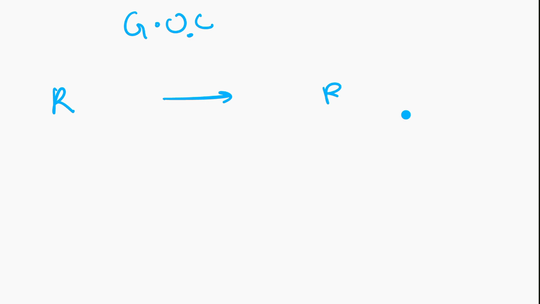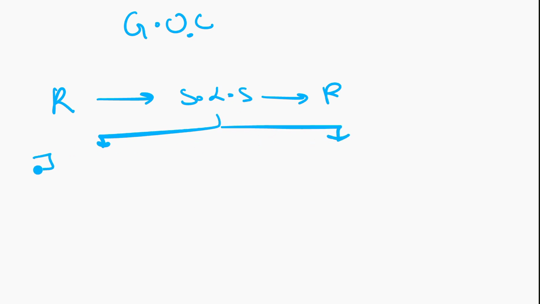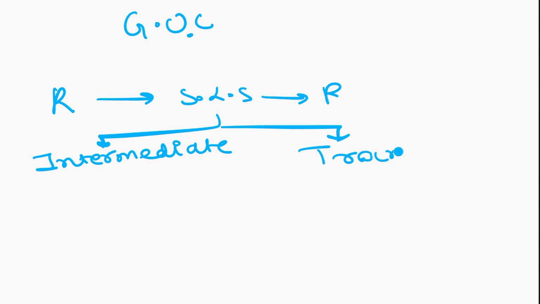In between, they produce a short-lived species which we call intermediates or transition state.